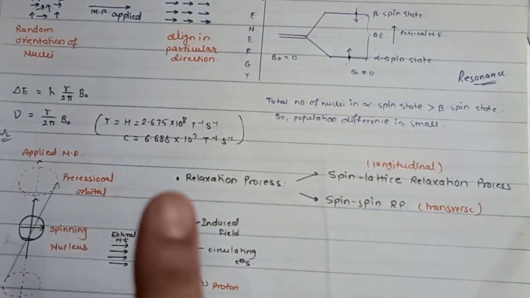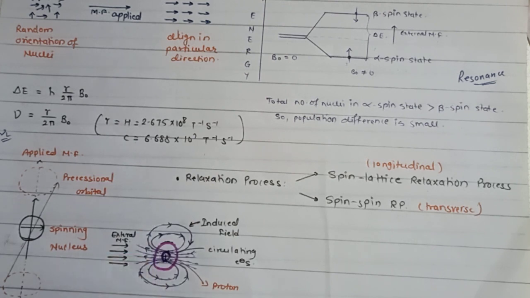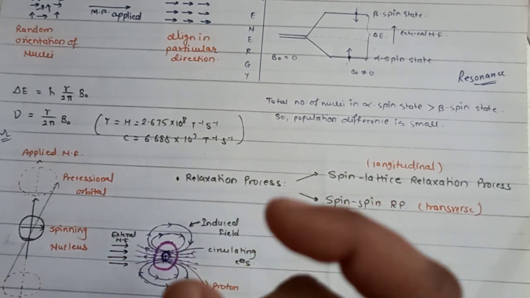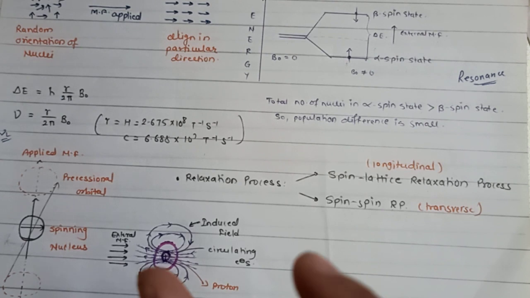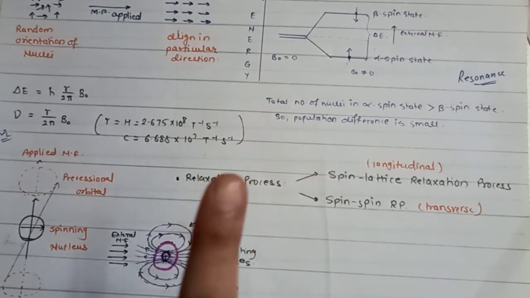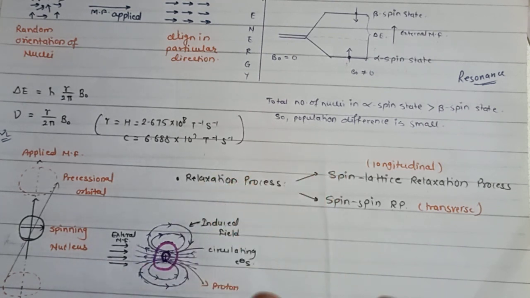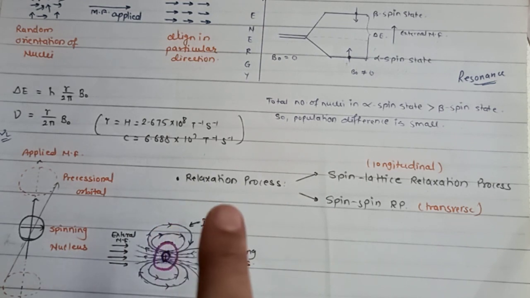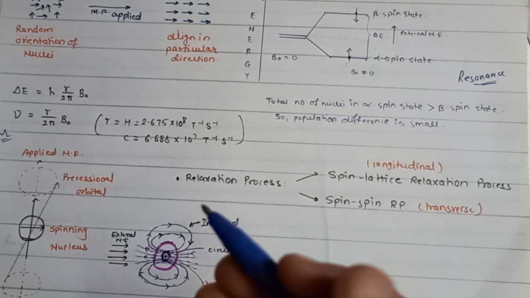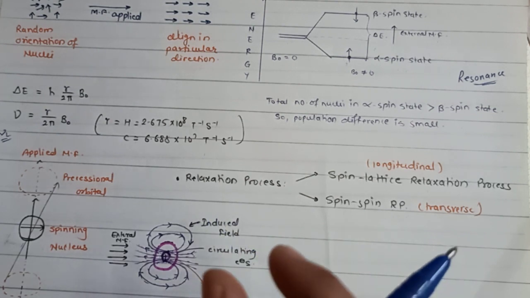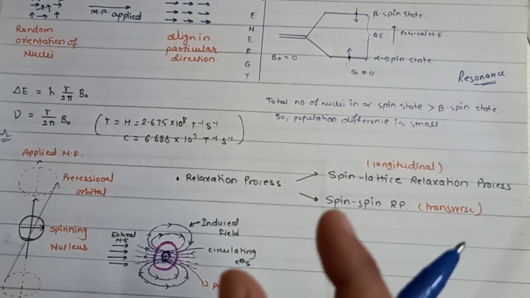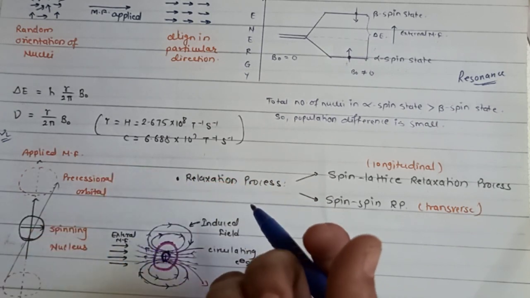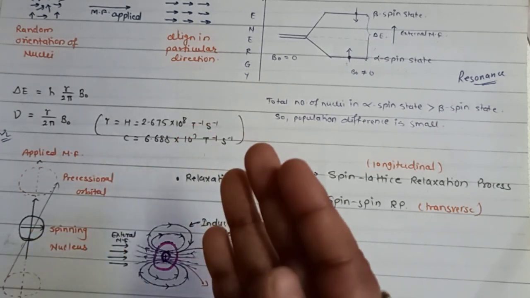So nuclei जो होते हैं in the lattice are in the vibrational and the rotational motion which creates the complex magnetic field. Now here these magnetic fields caused by the motion of the nuclei within the lattice are called what, your lattice field. And when these lattice fields, which are having many components, are going to interact with the coming frequency, okay, or we can say equally in the frequency.